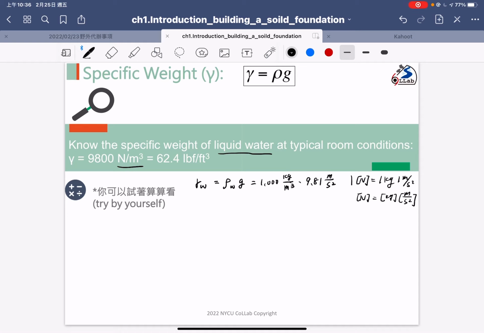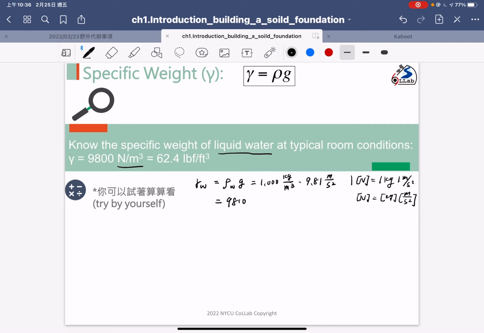Okay, so we need to have the unit showing here. As you compare, there is the kg and there is the meter per second squared. So finally you know that the gamma W is equal to 9810, and the unit is newtons per cubic meter.